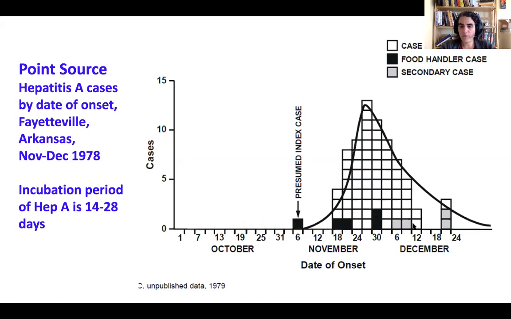These cases couldn't be infected by one another. There wouldn't have been enough time for it to spread. So these cases were infected by this person. It may be that these few gray cases were secondary cases infected by one of these people, but for the most part, this was a point source outbreak.